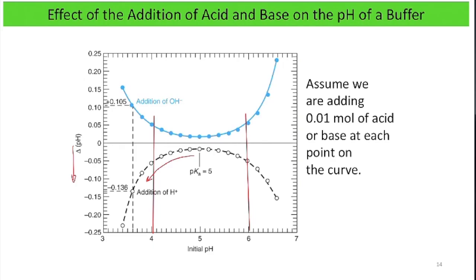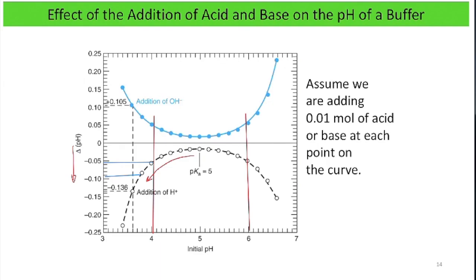Now, once we get outside this range, notice how the pH really starts to change. From this point here, right on the very edge of the useful buffer range, to the next point represents another increment of H+ added, for example another 0.1 moles. If each of these dots represents the addition of 0.1 moles of acid, notice that change is about equal to all the previous changes put together.